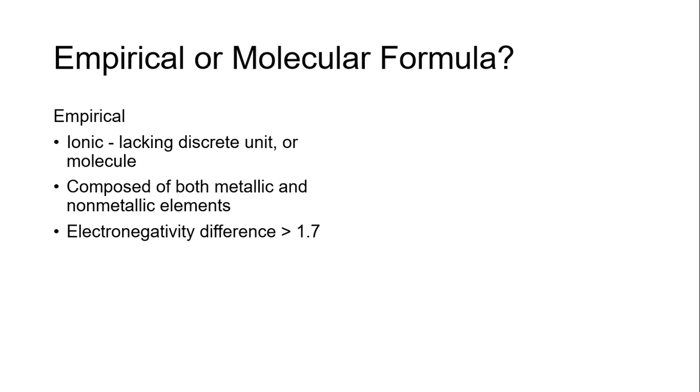That is, one element from each side of the periodic table, the metals being on the left-hand side, the non-metals being on the right-hand side. If you were to take an empirical compound and calculate the electronegativity difference between the two atoms of the compound, you would find that that difference would be greater than 1.7. If that's the case, you know you're dealing with an empirical formula.